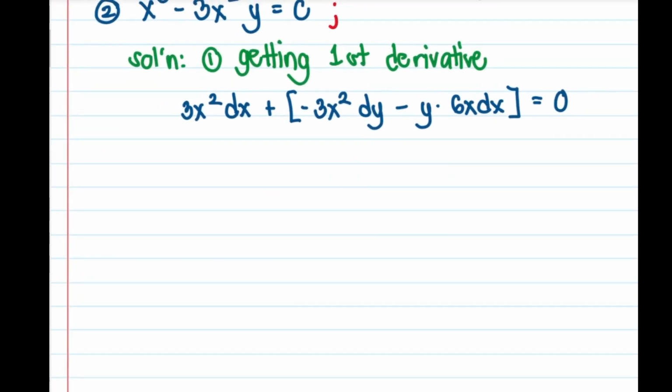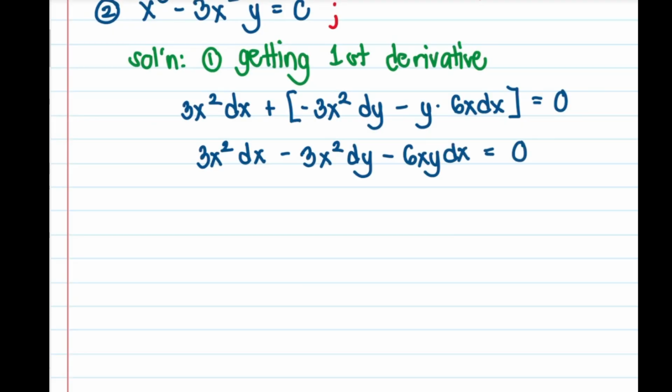So let me rewrite the equation. So that will be 3x squared dx minus 3x squared dy minus 6xy dx equivalent to 0.